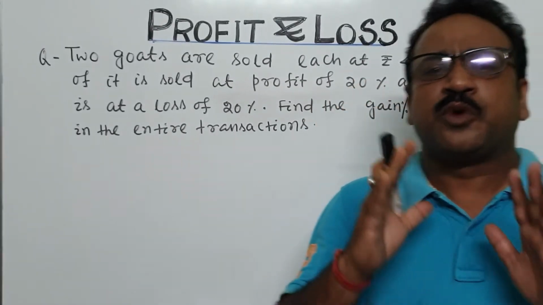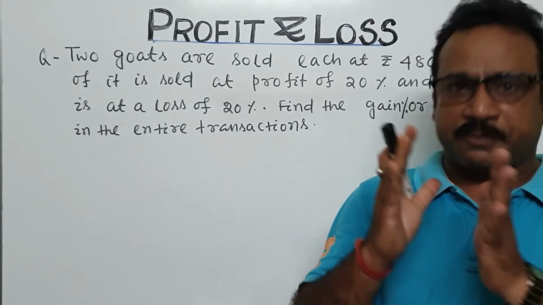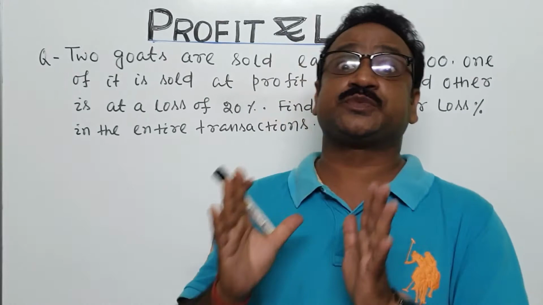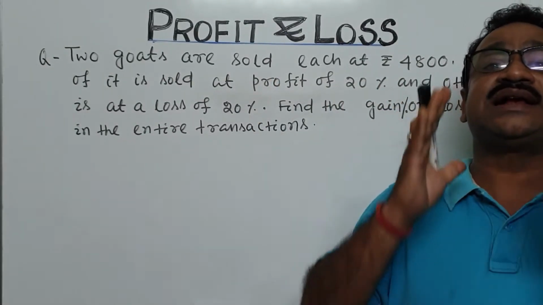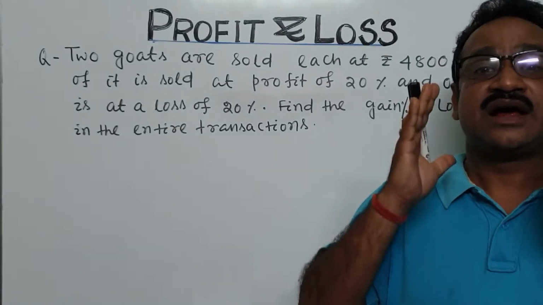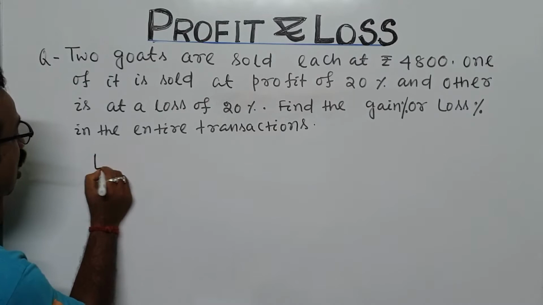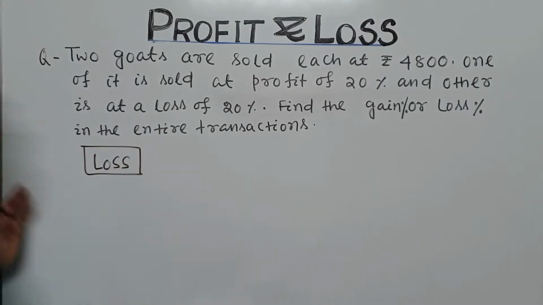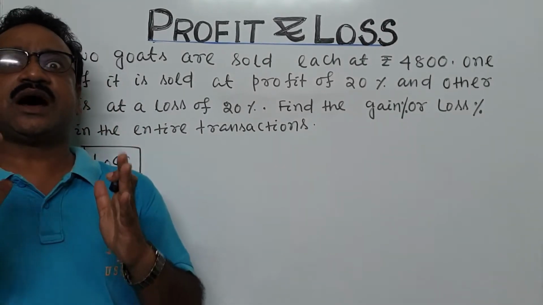So if both are sold at the same price, one at a profit percent and the other at a loss percent, and the profit percent and loss percent are the same, then keep it in mind, there is always a loss. So loss, definitely loss. Yes, in this type of question there will be a loss.